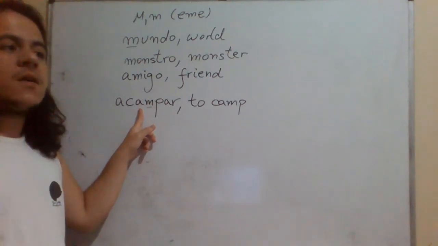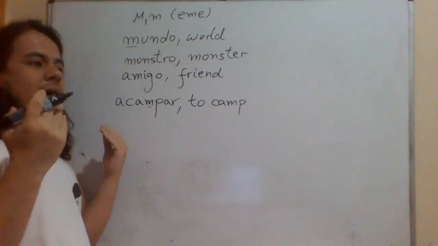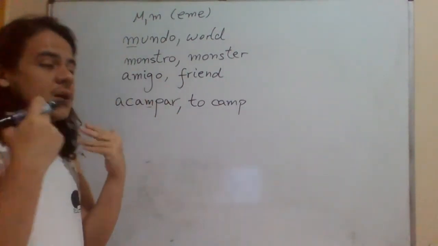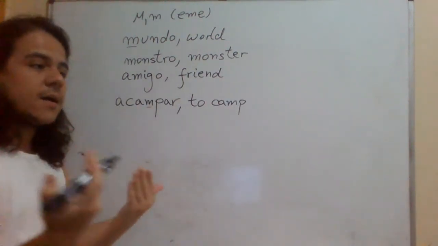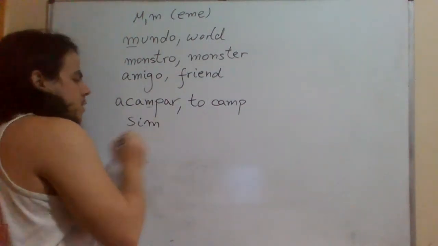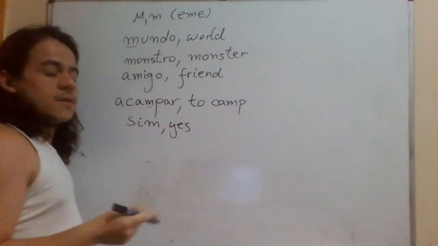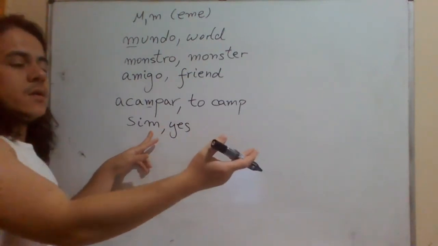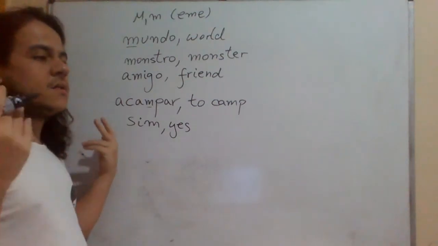So we start the nasal sound here in the letter A, acampar, and we finish the nasal sound in letter M, acampar. Another example, this word here, sim, means yes, sim. Same thing, letter M at the end of a syllable, it has this nasal sound in sim.